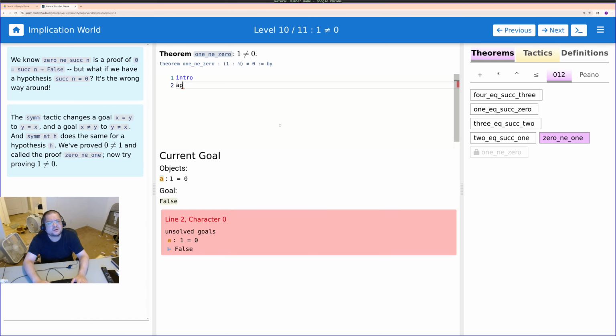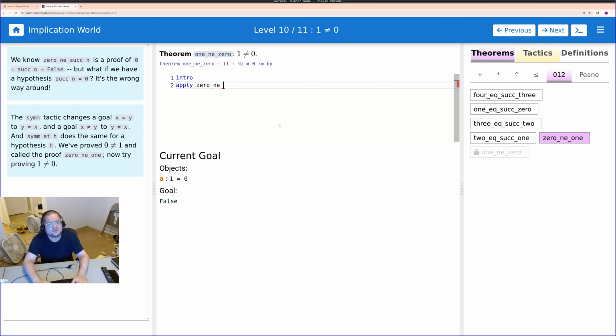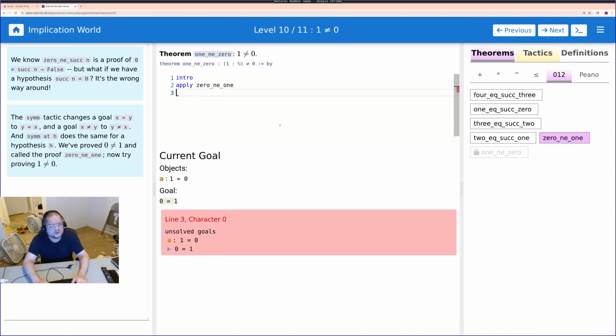Intro, apply 0 not equal to 1. So we just proved that. Now symmetric, exact H.